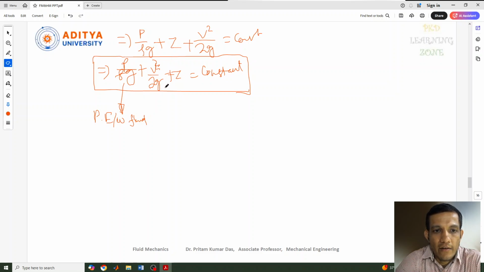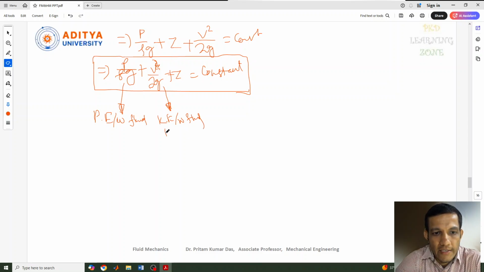Similarly, v square by 2g: we know the formula of kinetic energy, half m v square. Here the formula v square by 2g is the kinetic energy per unit weight of the fluid.